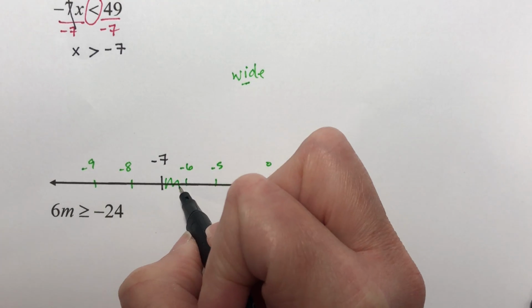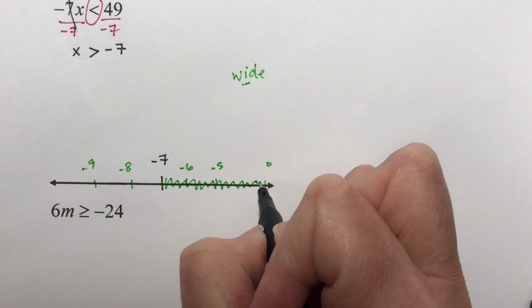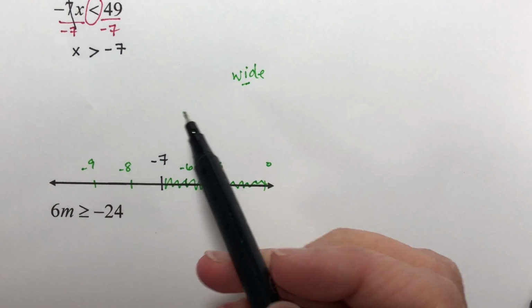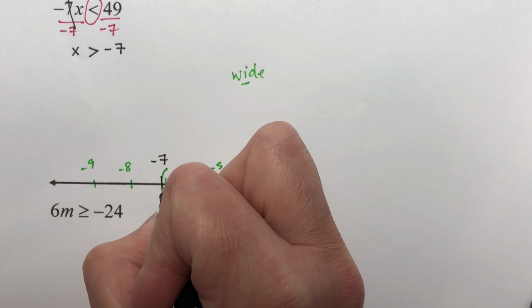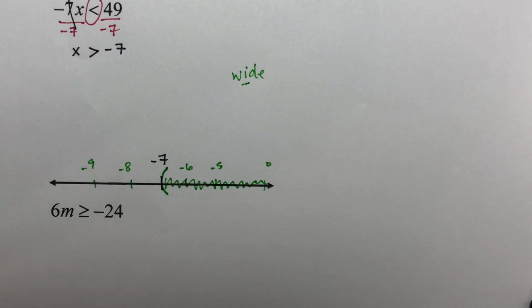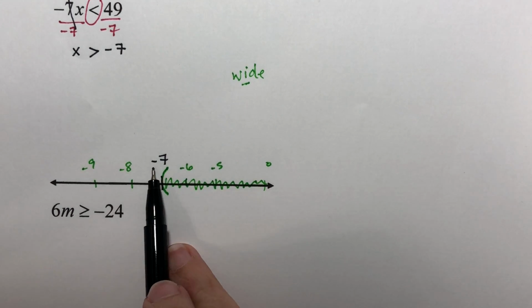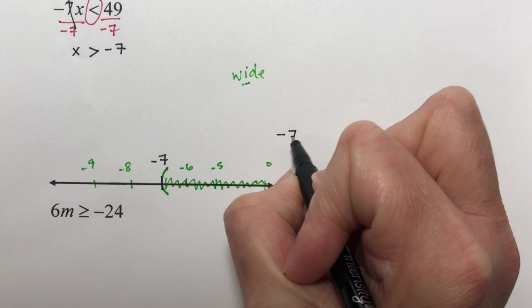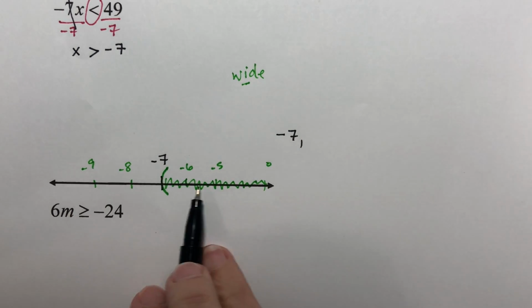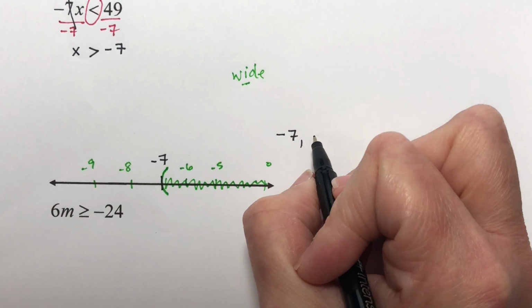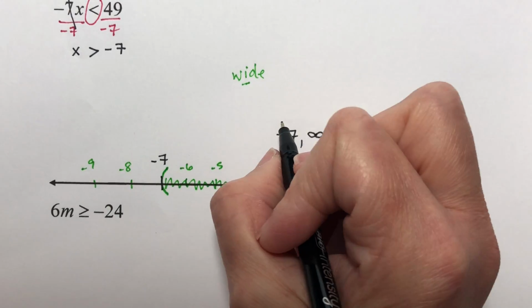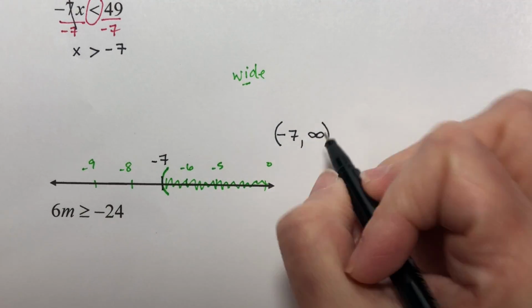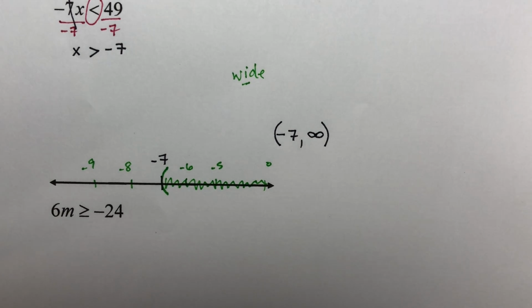So shade to the right. This does not have an equal to on it, so this is parentheses. Now for interval notation. What is your left-hand boundary? A -7. What is your right-hand boundary? It goes up forever, so it's positive infinity. We said this gets parentheses, so does the infinity, and that's your solution.